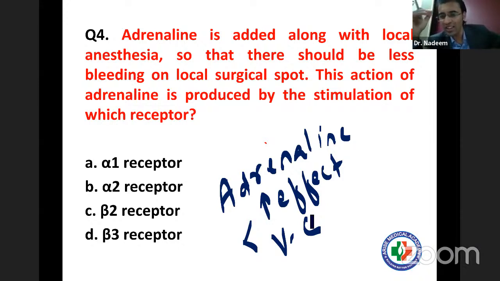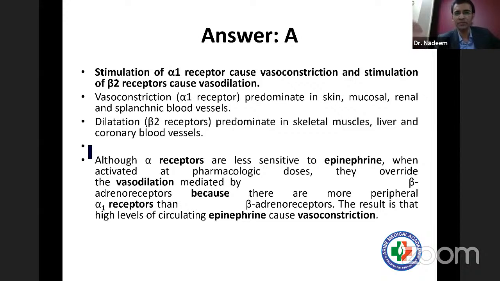So adrenaline is a vasoconstrictor. Now you tell me, vasoconstriction means the constriction of blood vessels is stimulated by alpha 1, alpha 2, beta 2, or beta 3. Easy to understand? Please understand that alpha 1 is present in our skin, mucosal part, splanchnic blood vessels and all.